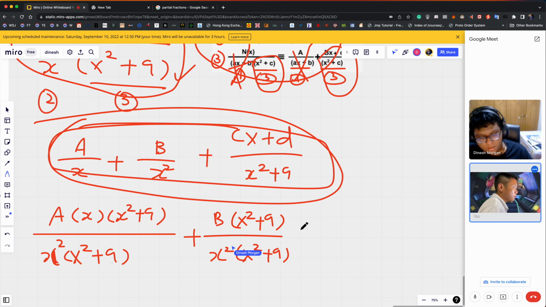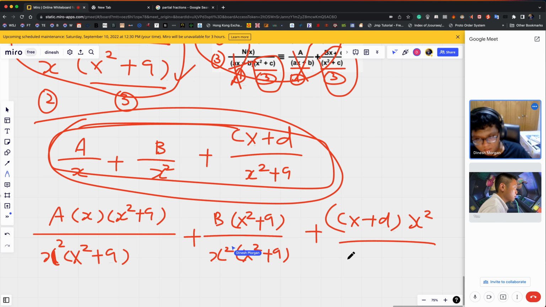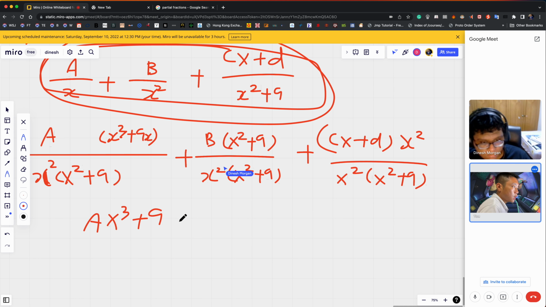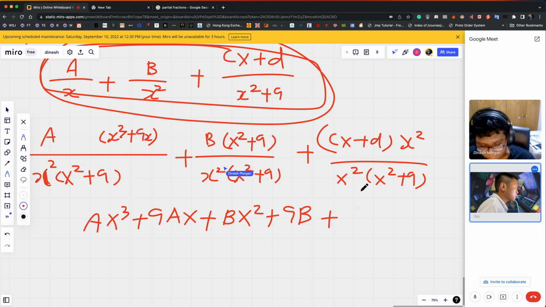For this, you short off x squared. Then you get it into a single fraction. Let me tidy it up a little bit. So I get ax cubed plus 9ax plus bx squared plus 9b plus cx cubed plus dx squared.